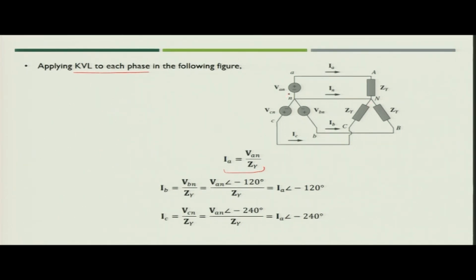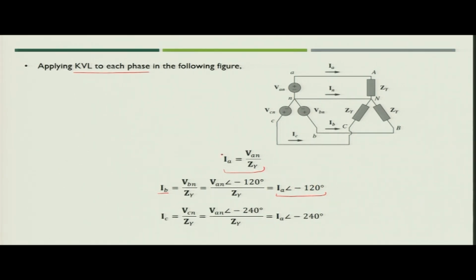In case of unbalanced, we cannot write like this, which we will discuss in later sessions. Just for the balanced system, I_A is equal to V_AN by Z_Y. I_B you can write as V_BN by Z_Y, while V_BN is nothing but V_AN angle minus 120 degree. So, you can again write I_B is nothing but I_A angle minus 120 degree.